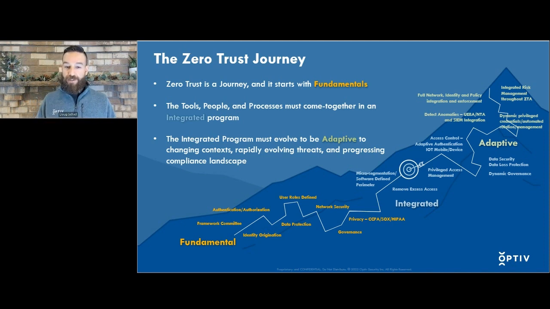And that's where your microsegmentation, as well as your privileged access management, access control, those tools, those technology pieces come into play. And then we're going to be continuously reviewing and make sure that this thing is adaptive to changing contexts, evolving threats, and your progressing compliance landscape, right?